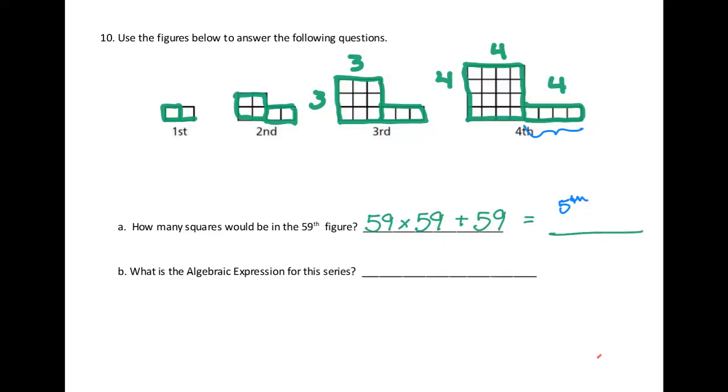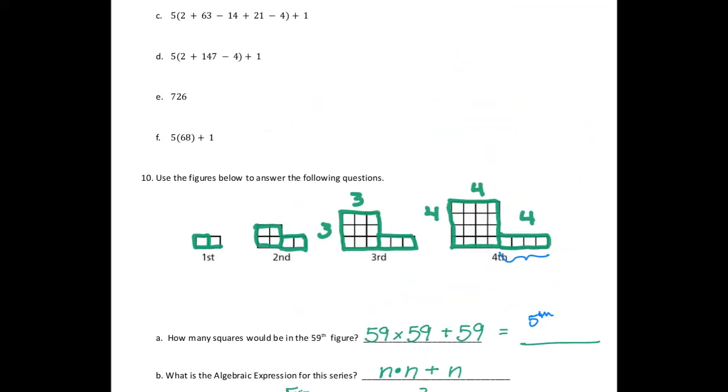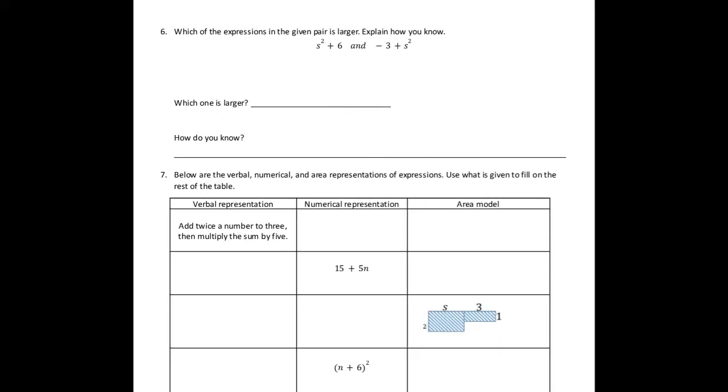That would be n times n, because we're at figure n. N times n plus n, or n squared plus n. Okay? Other questions?